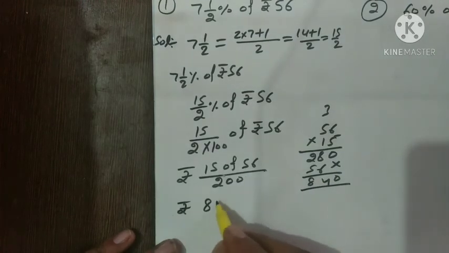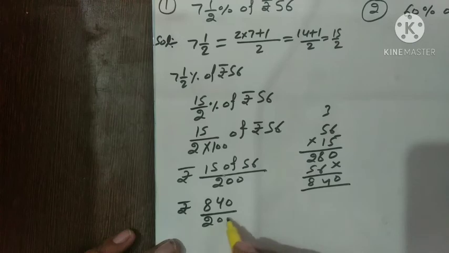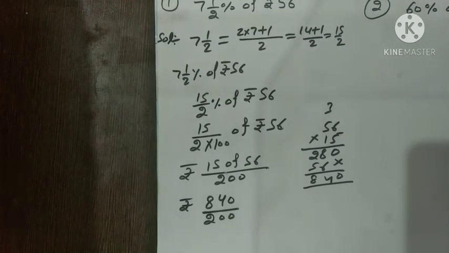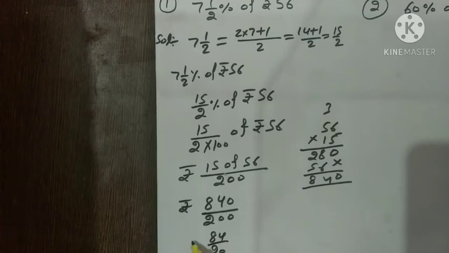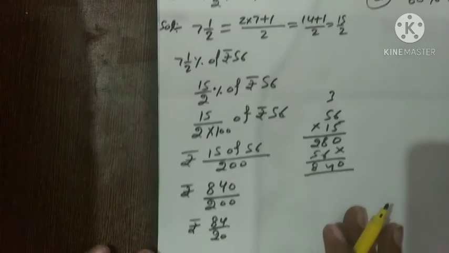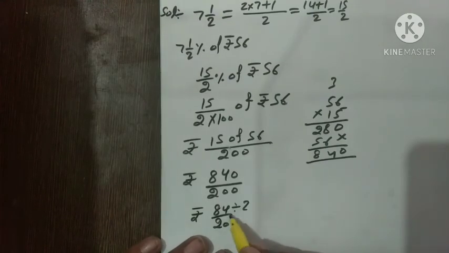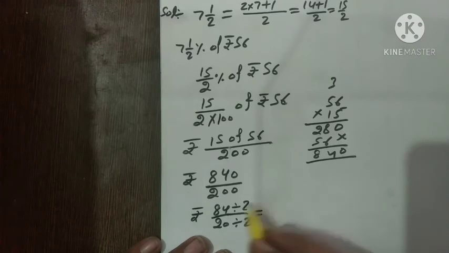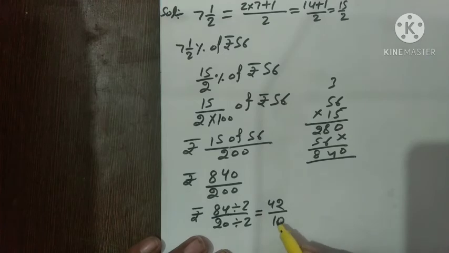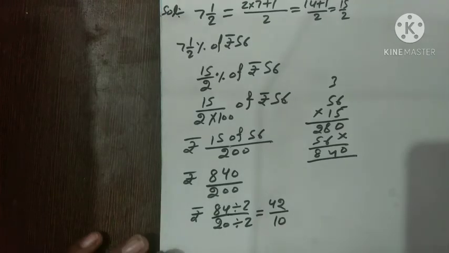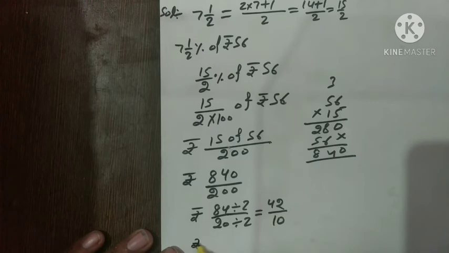So rupees 840 over 200. Now the extreme 0 will cancel. So I am left with 84 over 20. Now both are divisible by 2. So I will divide by 2. 84 divided by 2 is 42, and 20 divided by 2 is 10. So my fraction is 42 over 10. So I can write it as the decimal 4.2. So this is the answer.